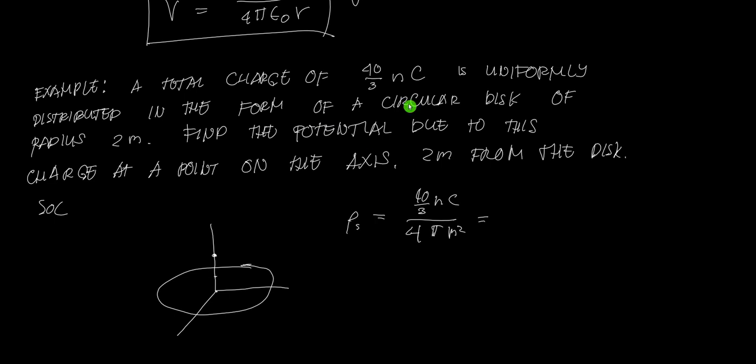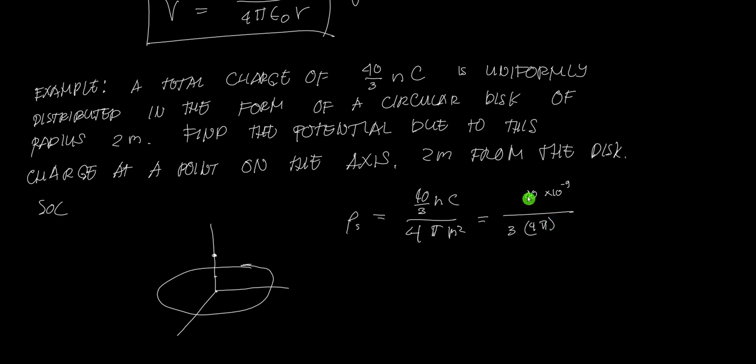And we can just cancel that. If I write this, I can make this 40 times 10 to the negative 9, then over 3, then 4 pi.